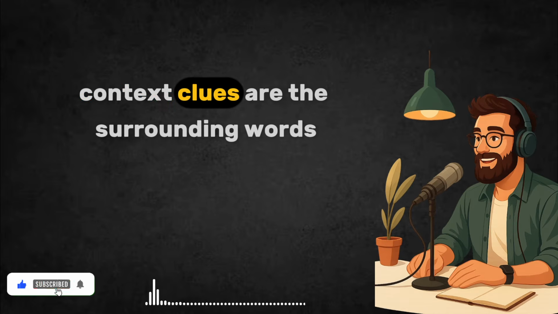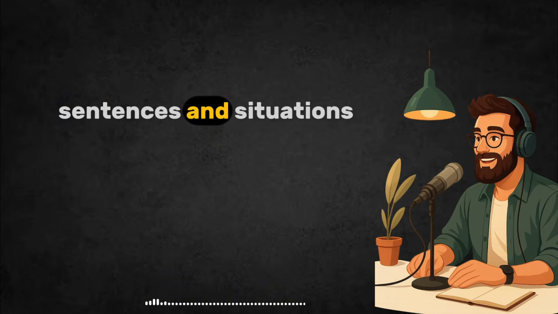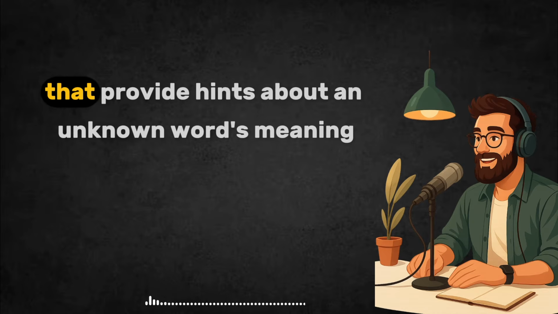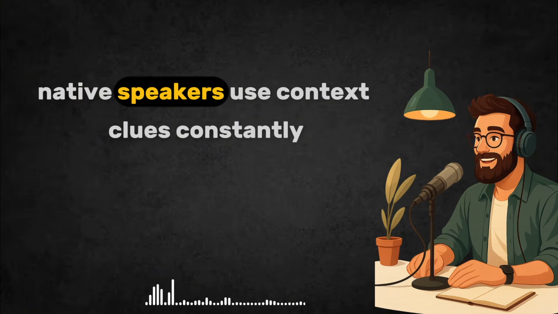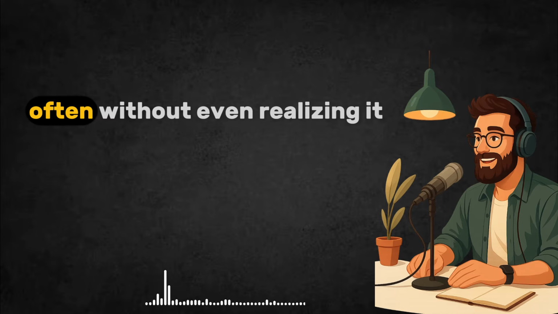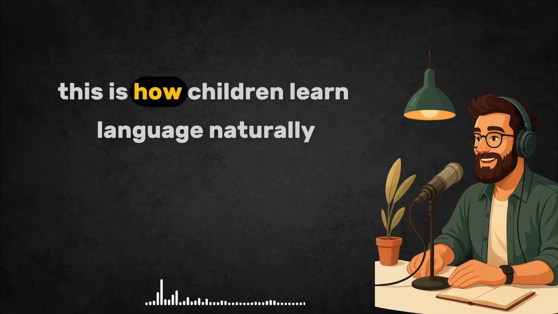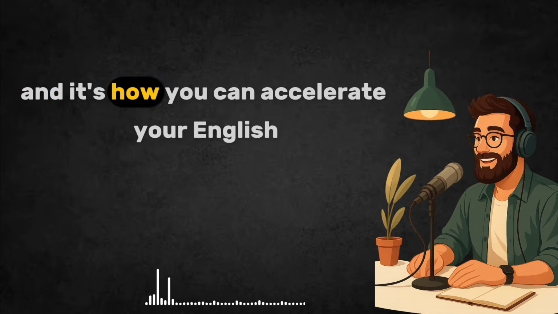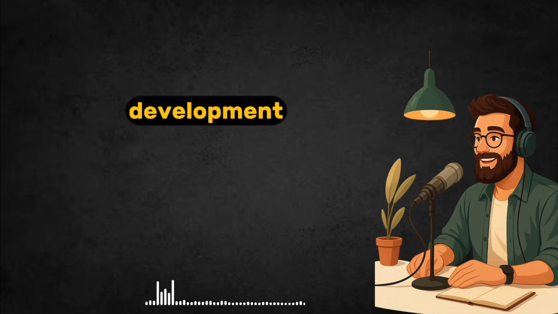Context clues are the surrounding words, sentences, and situations that provide hints about an unknown word's meaning. Native speakers use context clues constantly, often without even realizing it. This is how children learn language naturally, and it's how you can accelerate your English development.